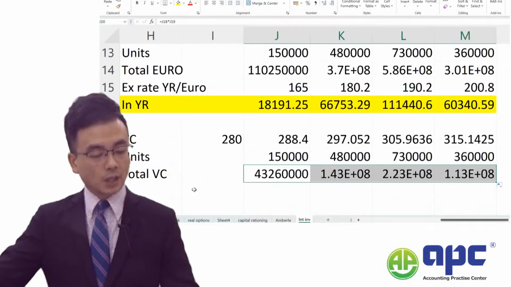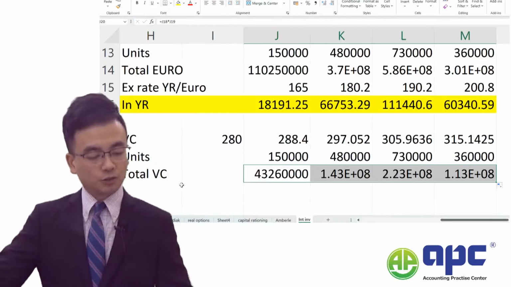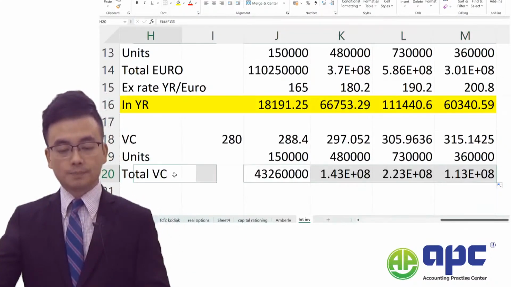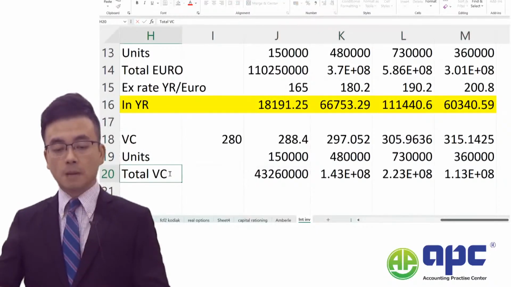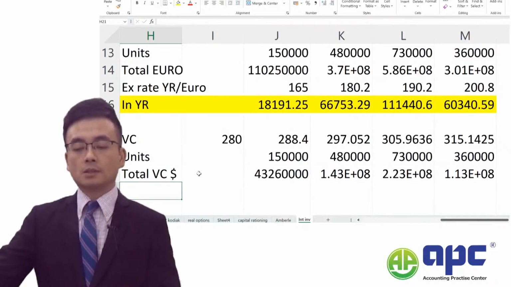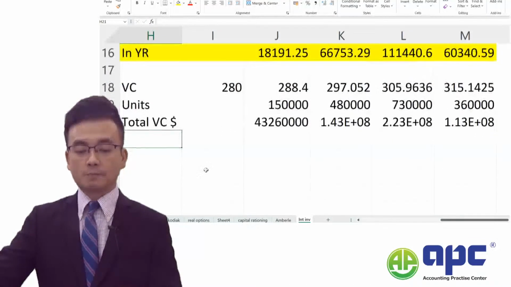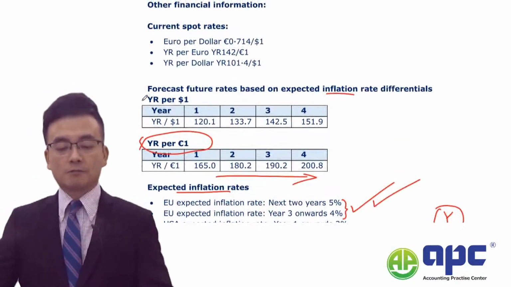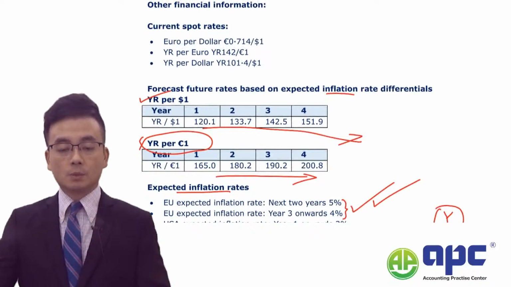Remember that total variable costs would be in dollars, but we will need to work this out in the foreign currency. That's why we'll need to see Yulanzi Ren per USD from year 1 onwards, which would be the first table.